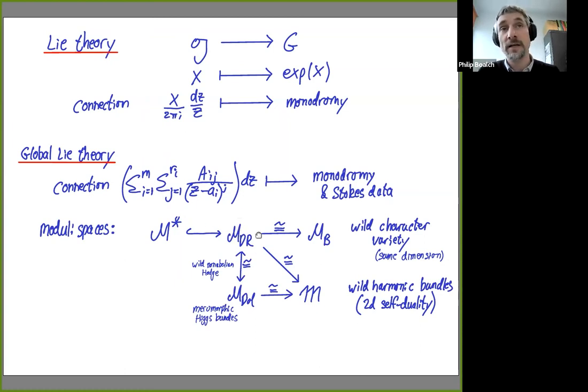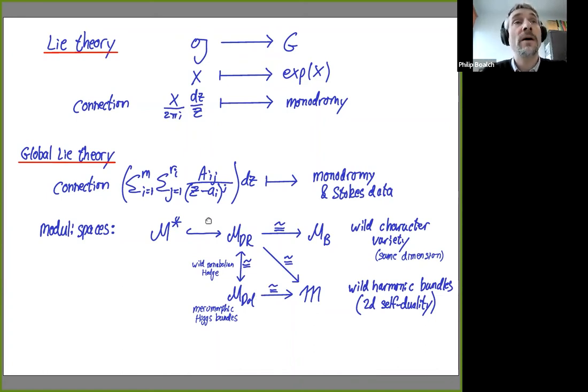which says that the stability condition for the connections gives you the existence of a wild harmonic metric, and this generalizes the work of Corlette and Donaldson. And then you can also get the correspondence with these Higgs bundles as well. So this would be basically the rational L operators that people think about in integrable systems, maybe multiplied by dz.